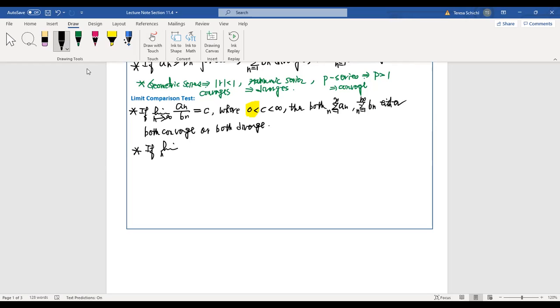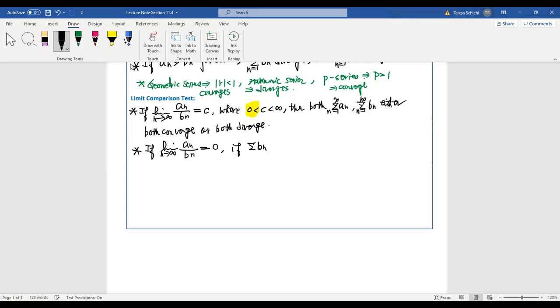How about if the limit of an over bn equals zero? If the limit equals 0, that means the bottom one is going to get bigger and bigger than the top one.